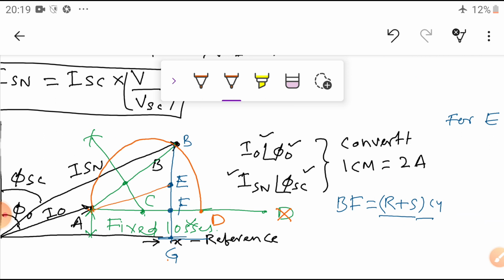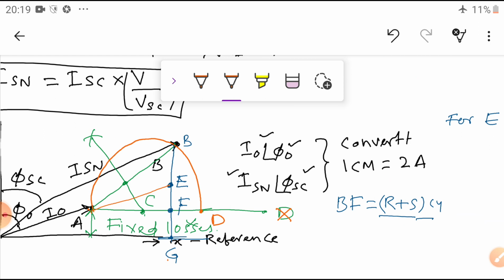Now we have found the rotor copper losses, stator copper losses, and fixed losses, and AE is the torque line and AB is the output line. So we know all these things. Now I want to know the rated current, that is I2, so I require an operating point.